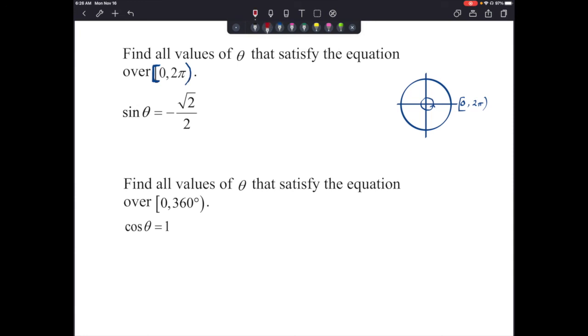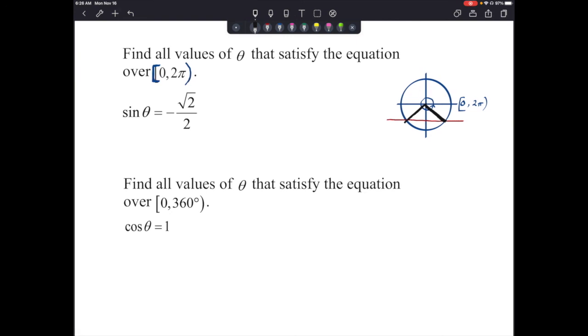Well, we know negative radical 2 over 2 ends up being down here. That's the value of it. So when we're talking about what angles this is going to be, when we open this up, it would end up being here and down here. So there's more than one answer that we'll end up with.